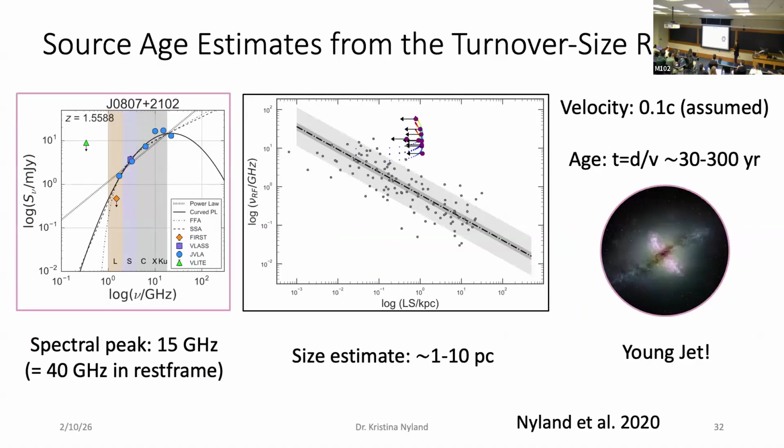I've got here a source age estimate. So this is an example of one of the radio spectra. This is a plot showing the turnover frequency, which is just where it goes from optically thick to thin, versus the linear size.